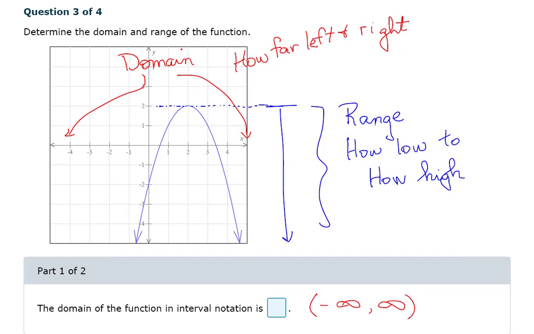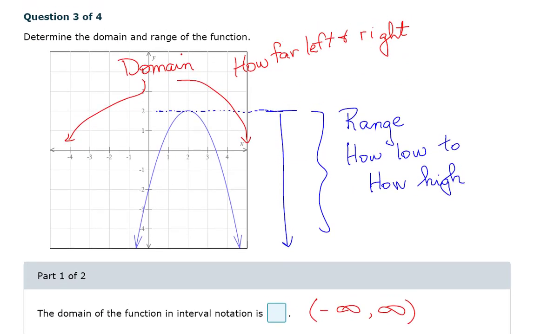Alright, question 3 here. Let's see. I've got this flipped over looking function. Let's talk about the range again, because that's generally quick. The range is how high? Well, it never goes any higher than 2, and it goes down forever. So this is -infinity, and it goes as high as +2.